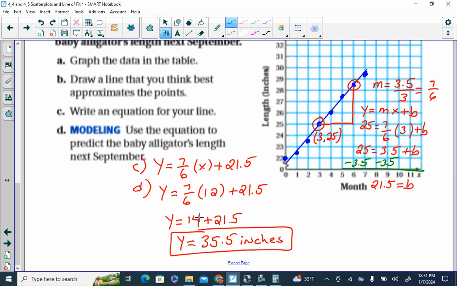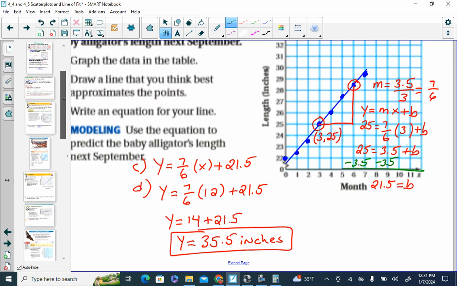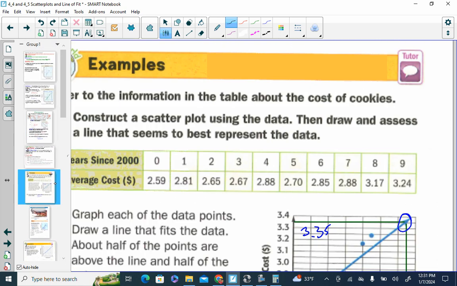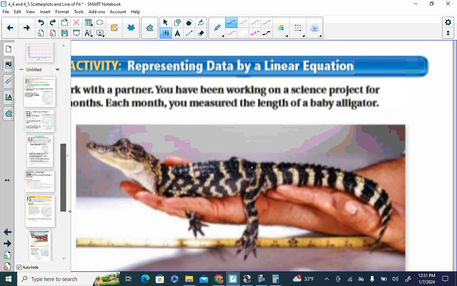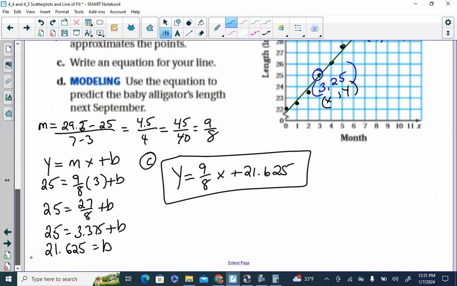So they're close. In the notes my y-intercept was 21.25, and for the example that we're working on now, my y-intercept was 21.625. So once again, the equations are close, and that's the best you're going to do, because we're not a computer. We're human beings.